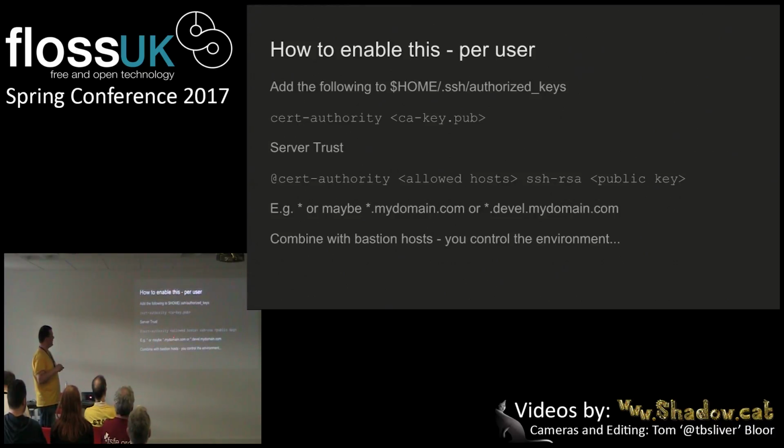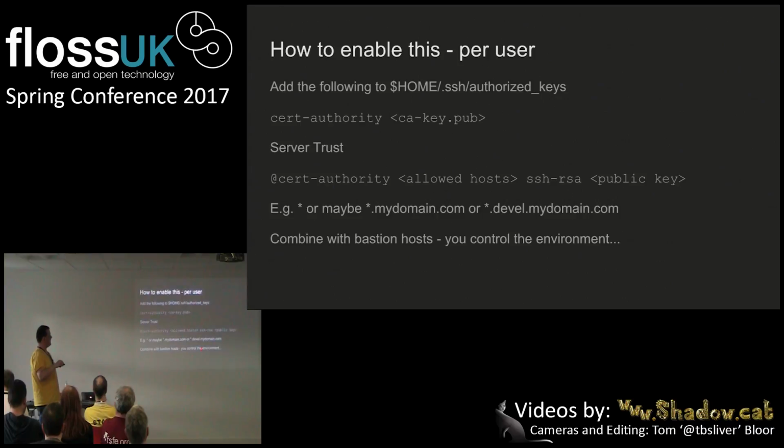So you can also restrict who you will trust to be certified when you connect. You can tie your certificate to your domain name or to your dev domain name. And then you combine this with SSH bastion hosts where you control the environment.